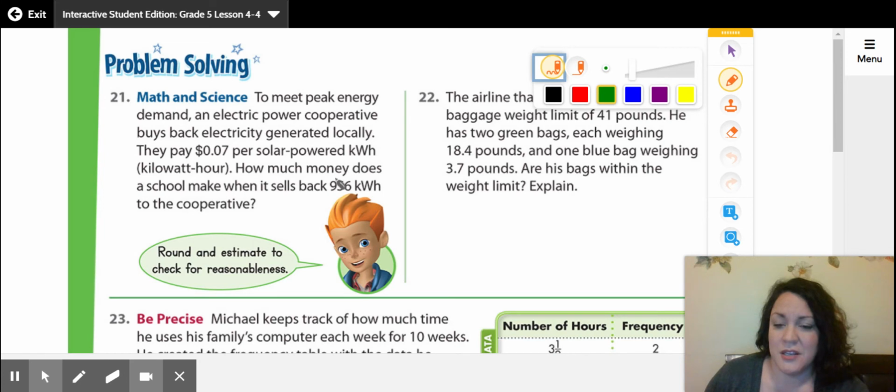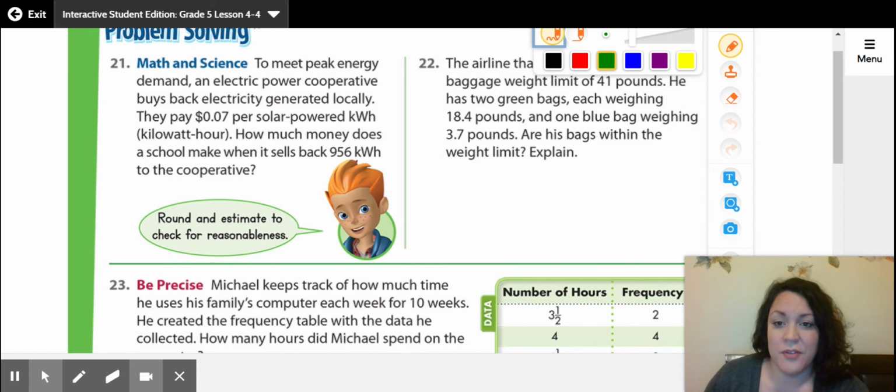How much money does a school make when it sells back 956 kilowatt hours to the cooperative? It's still a little far-fetched for me how they're buying. Maybe if your school has solar panels, they're buying some of that energy back. I'm not sure how they're doing that.